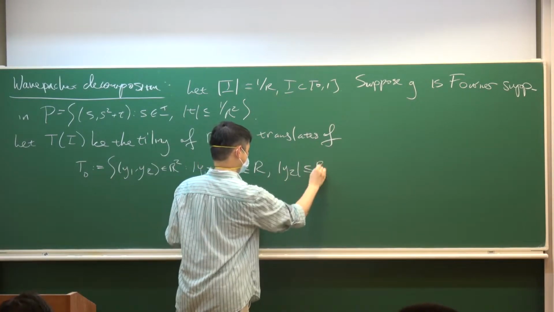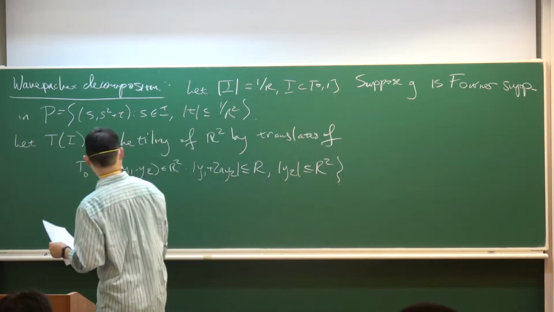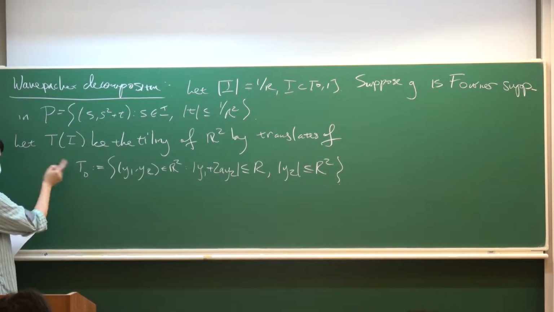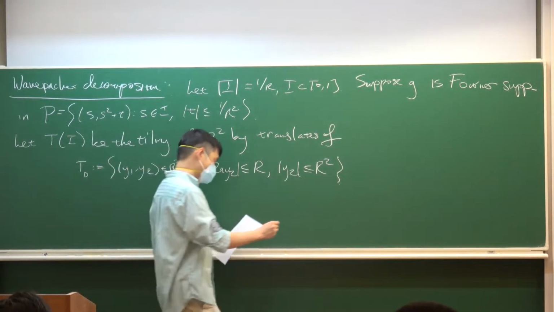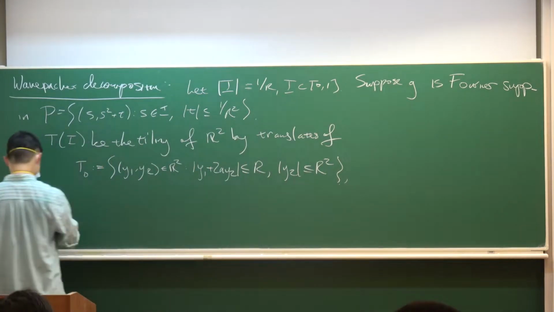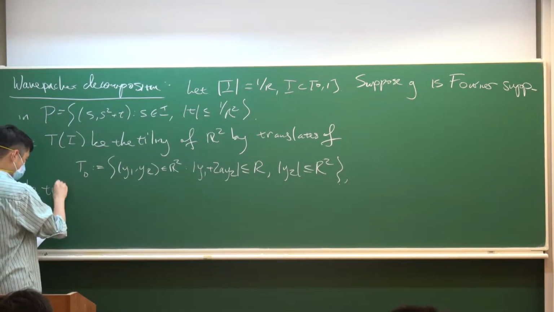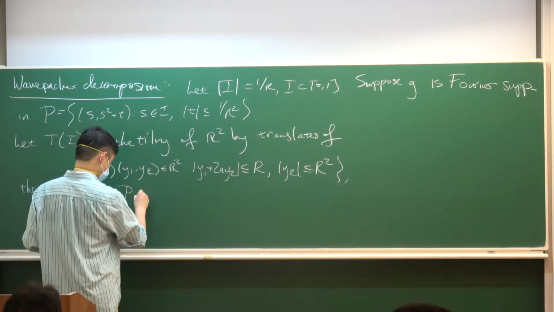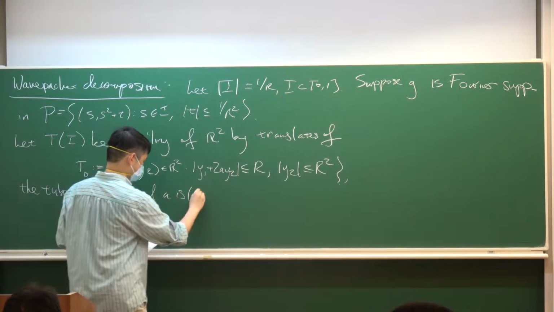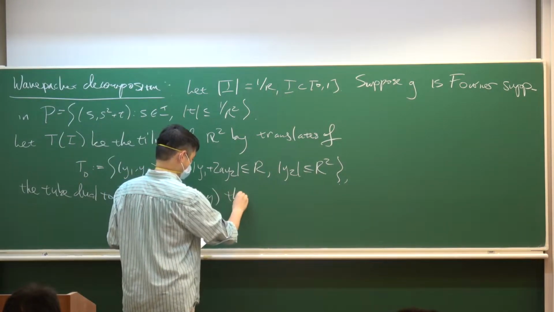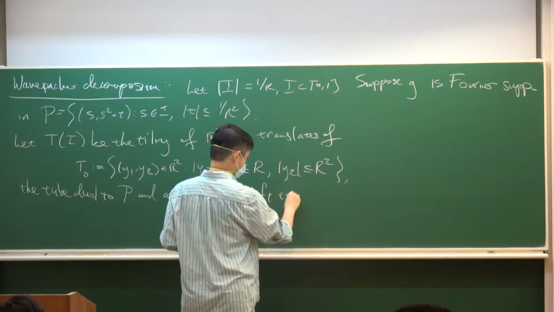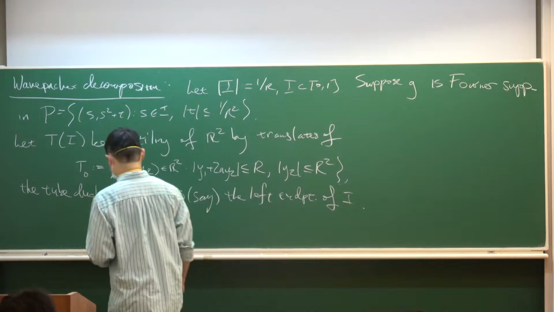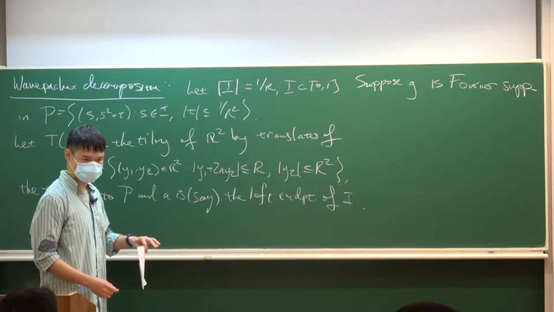It's the r by r squared tube pointing in the direction dual to P, and a is, say, the left endpoint of I.